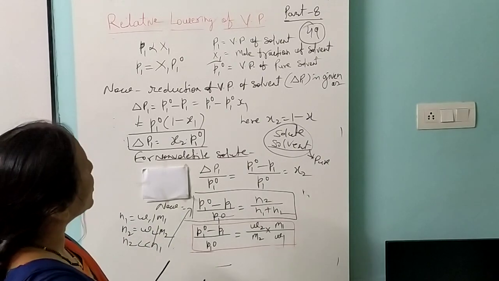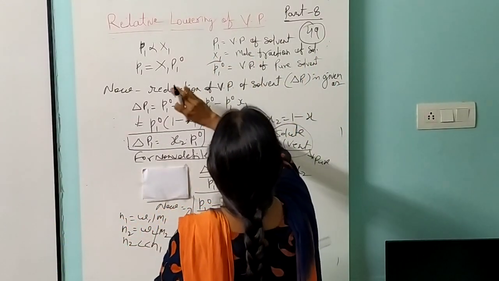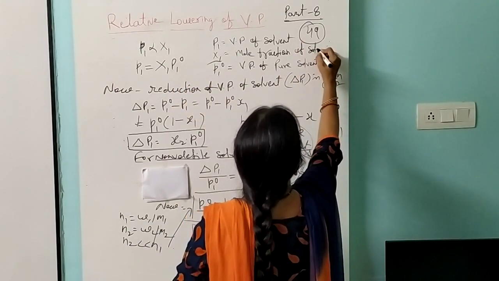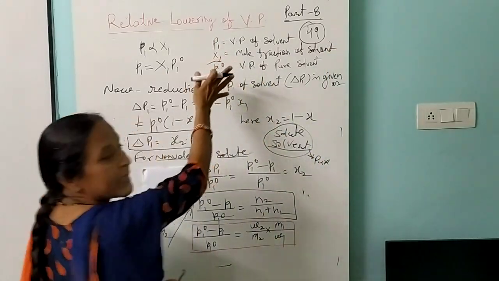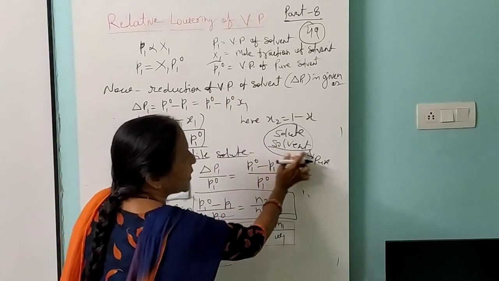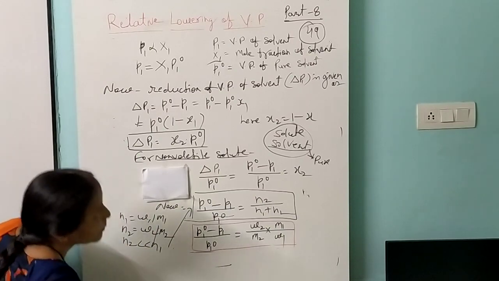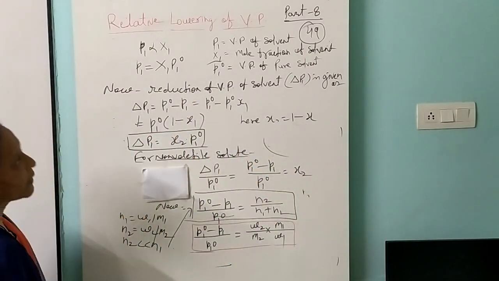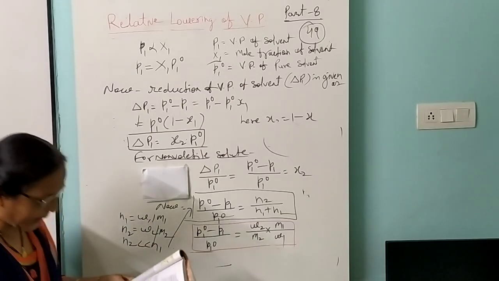Here the solution means the already prepared solution, and the solvent is pure solvent. So P1 is directly proportional to x1.